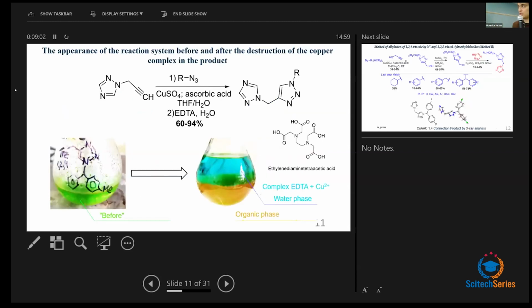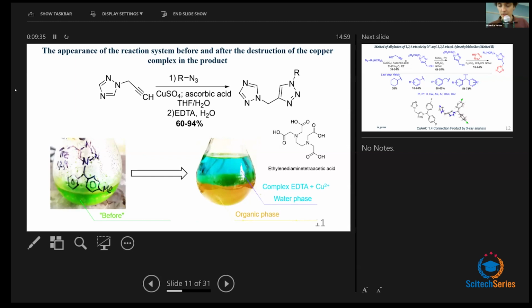But it's not so easy for working in this field because of chelating process of copper, and we synthesize a lot of complexes, but we want to obtain original organic compound without copper, and we use EDTA for binding copper.